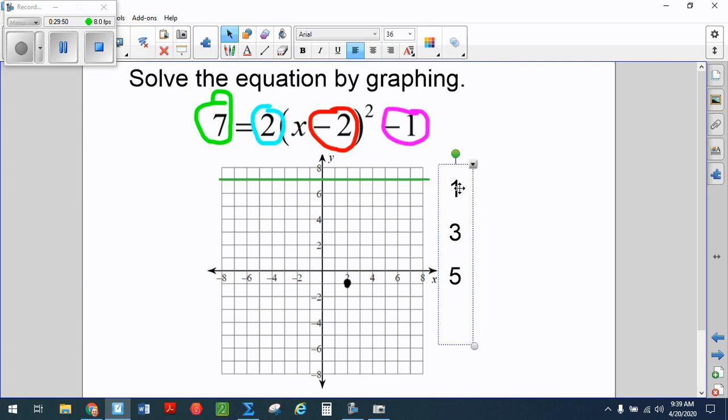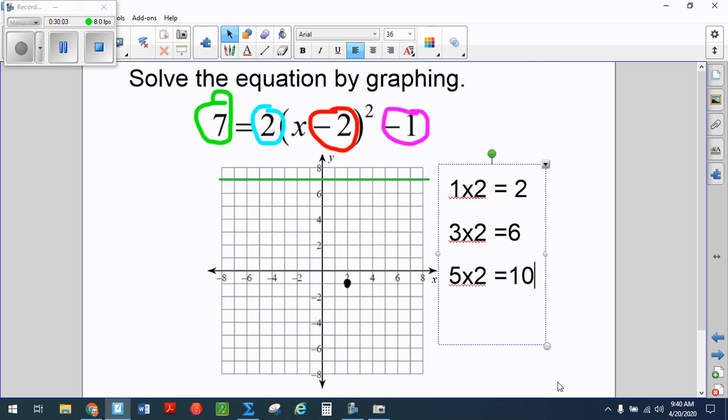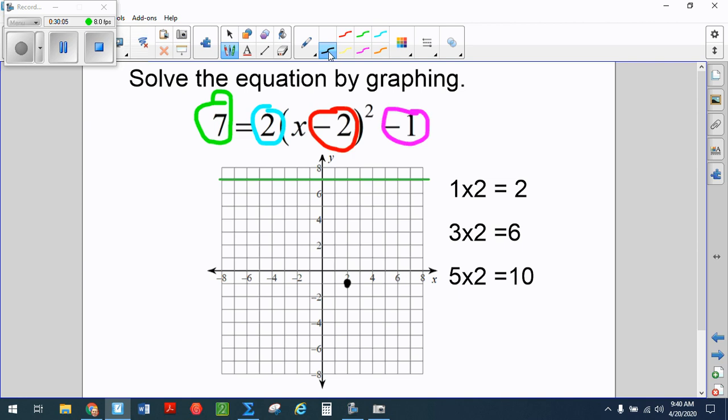So all that stuff times 2. 1 times 2 is 2. 3 times 2 is 6. 5 times 2 is 10. So my points from here, over 1 up 2 on both sides. Then from there, over 1 up 6, 2, 4, 6. That hits my green line. I don't need to worry about the 10.